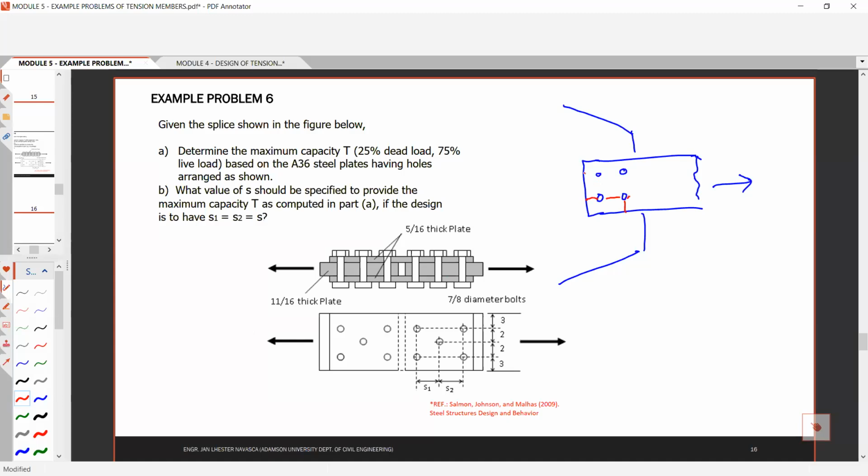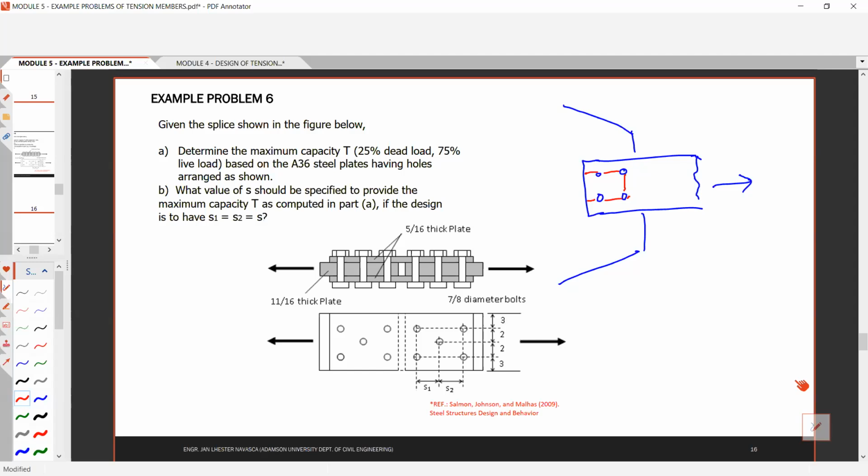Case 2 is these 2 blocks will tear out. Okay, this one and this one. And case 3 is this one will tear out. Okay, so you have 3 cases. So if you check different reference books, you can solve for those problems.